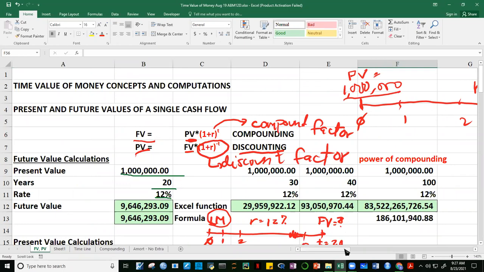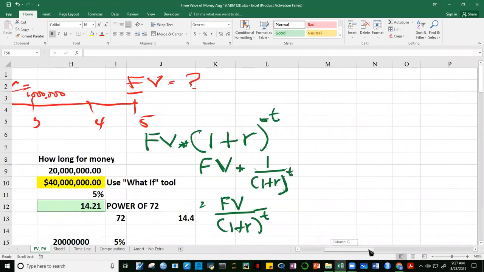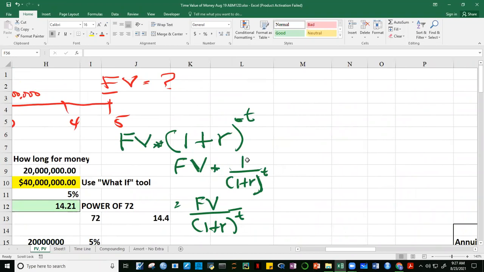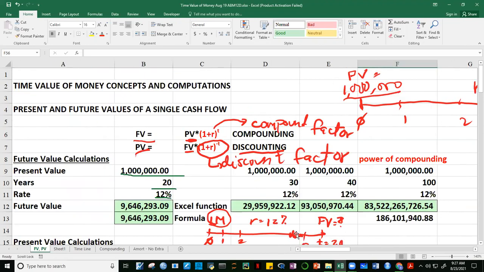From your algebra, that's the same as FV times 1 over 1 plus r raised to the t. So that's the process of compounding and discounting. Discounting, we get the present value. Compounding, we get the future value.